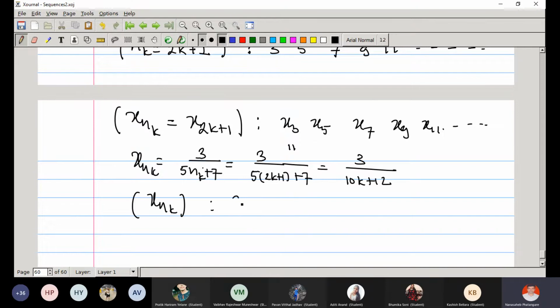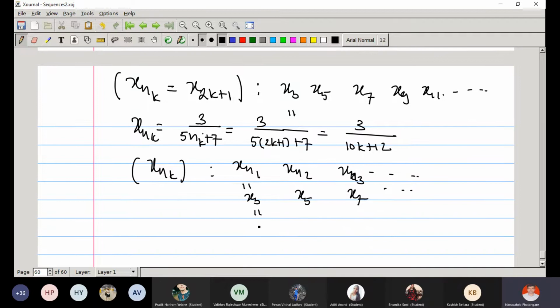So for k equal to 1, what is xn1? What is xn2? What is xn3? xn1 is x3, xn2 is x5, xn3 is x7, and so on. So what is xn1? It is the same as x3, but in terms of k we have the direct formula, so k equal to 1 gives 3 upon 22. Am I right?